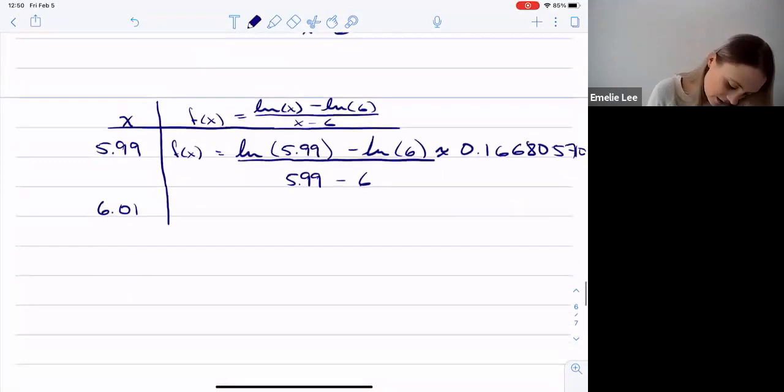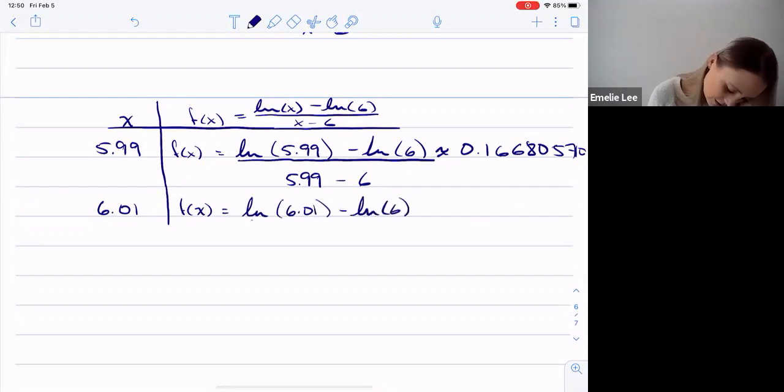Then if I do the same thing for 6.01, I have (ln 6.01 minus ln 6) over (6.01 minus 6).